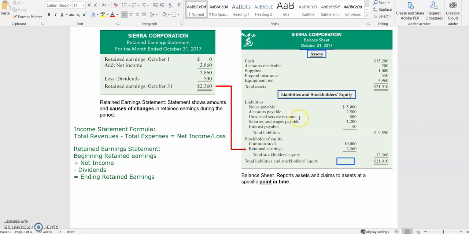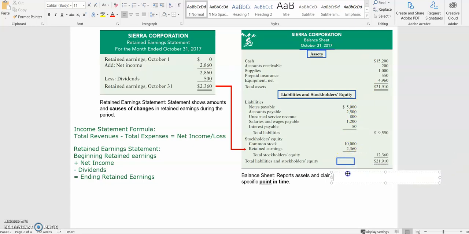The exception here is the unearned service revenue, which essentially is an amount that the company receives in advance from their customer prior to providing the good or the service. So in essence, the company owes the customer the good or the service, or they need to give them a refund.